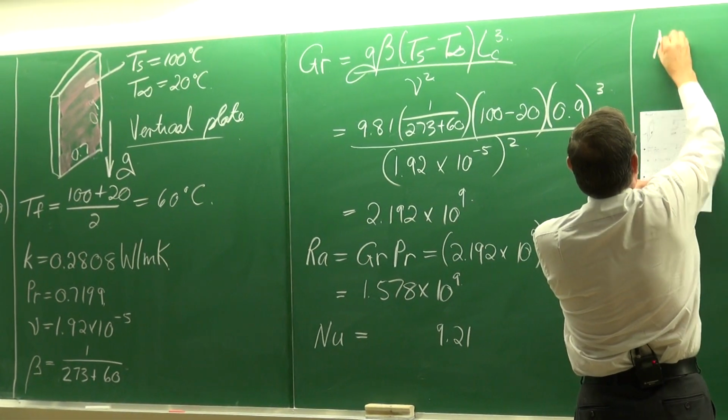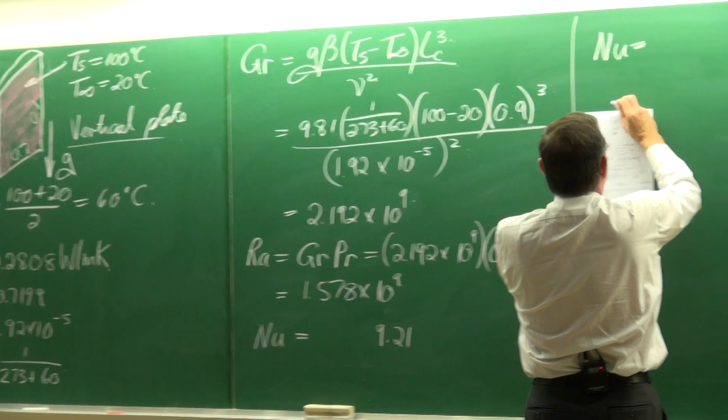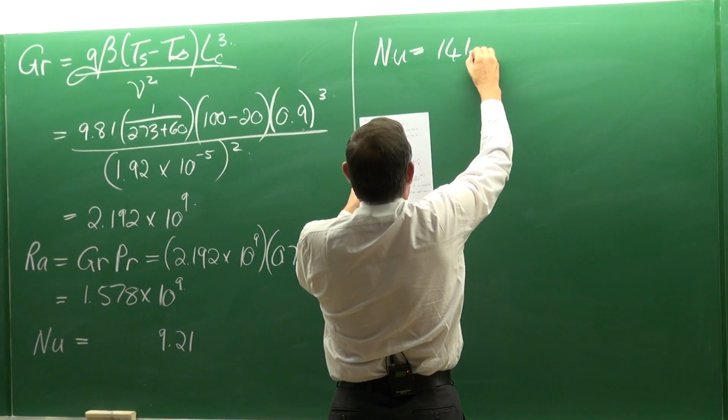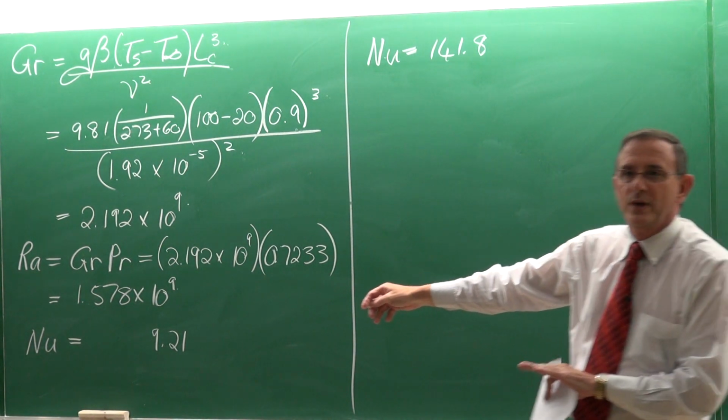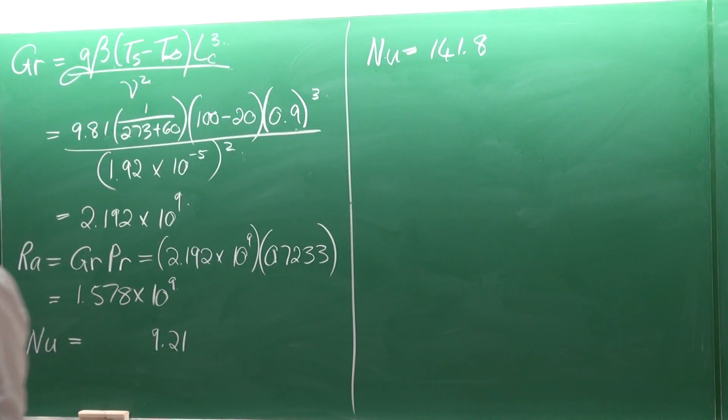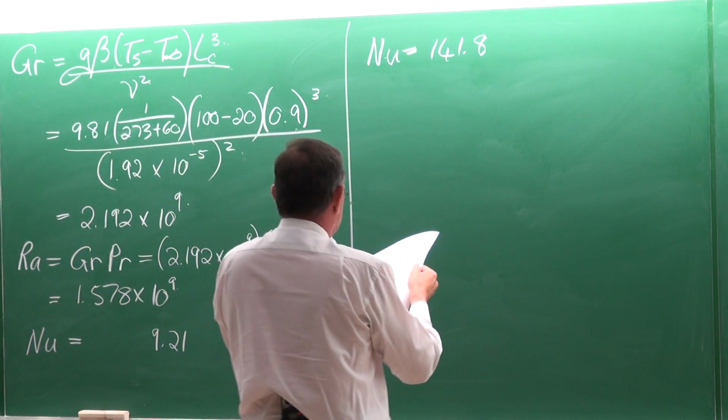I'm going to skip that, and I'm going to give you the answer as Nusselt number is equal to 141.8. So equation 9.21, you see the equation there, you just need to put in all the values of the Prandtl number and the Rayleigh number. And that is the result, 141.8.